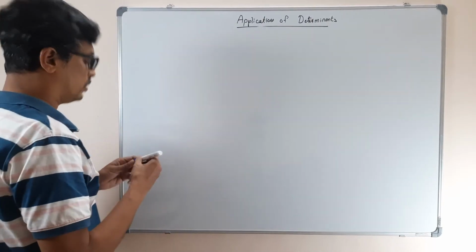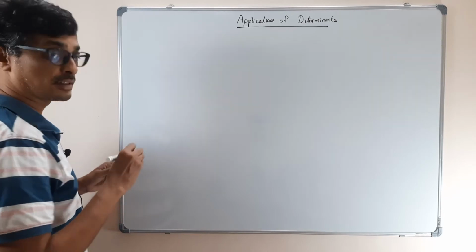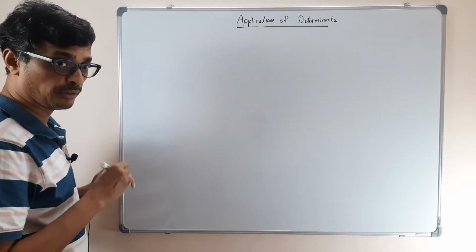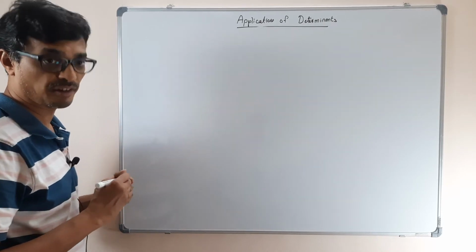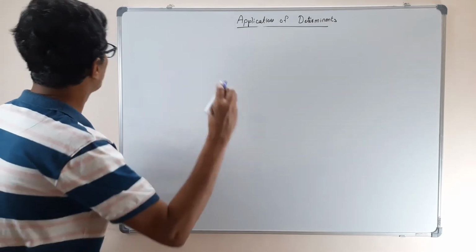Okay. So one more interesting application of determinant is to find the area of a triangle. Okay. How do you find the area of a triangle?